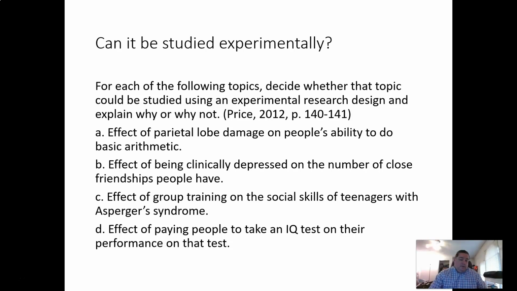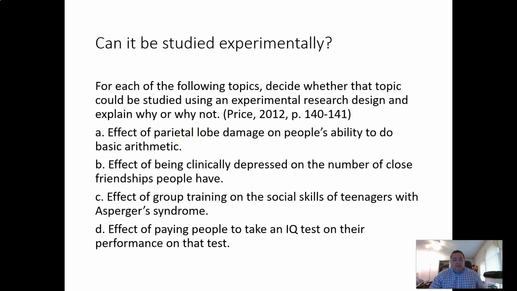The answer would be no, because you can't damage the parietal lobe and test its different results. That's not ethical, but beyond the ethics of it, it's a constant state. That damage is constant, and so it wouldn't be an experimental design. You could still research that, but you couldn't do an experimental design.